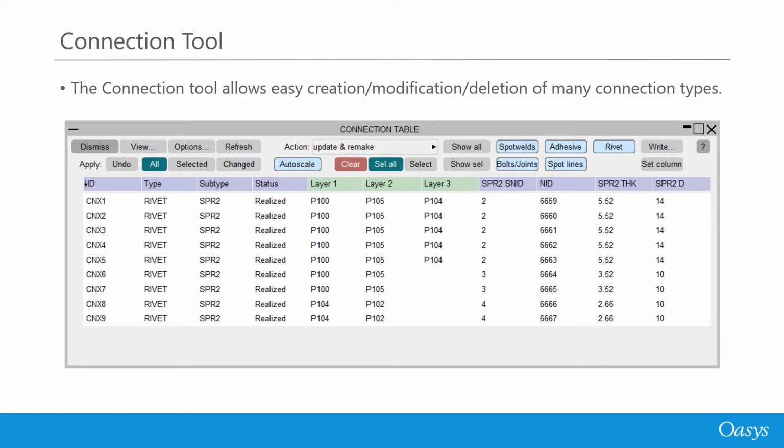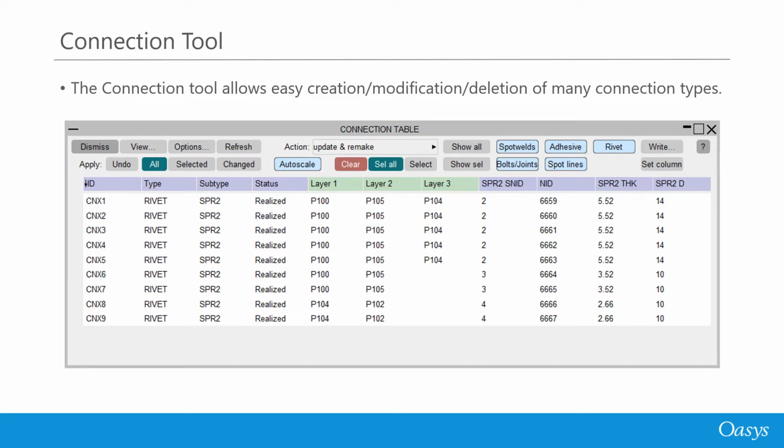That means that, for example, it is possible at any time to modify a connection easily, including updating and remaking it, and the associated information will also update accordingly. As Primer knows what entities make up the connection, it can also delete old entities and make new ones as required. Furthermore, the connection table, shown here, permits easy modification of many connections simultaneously.